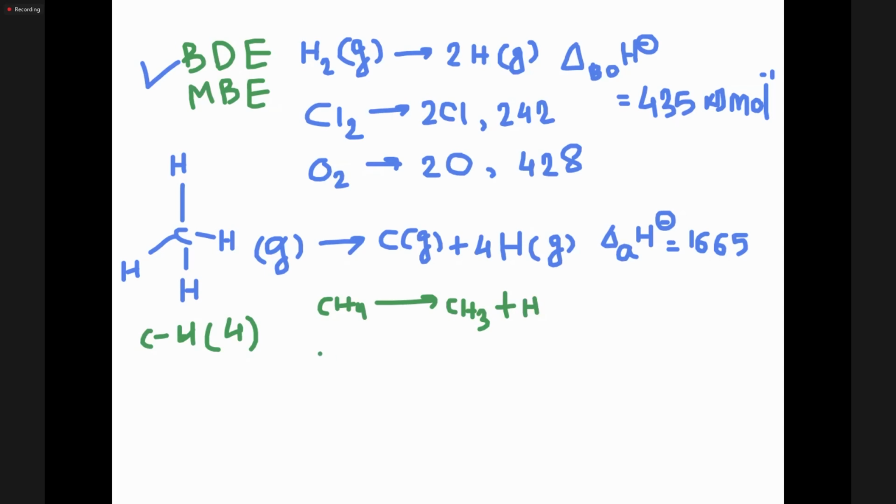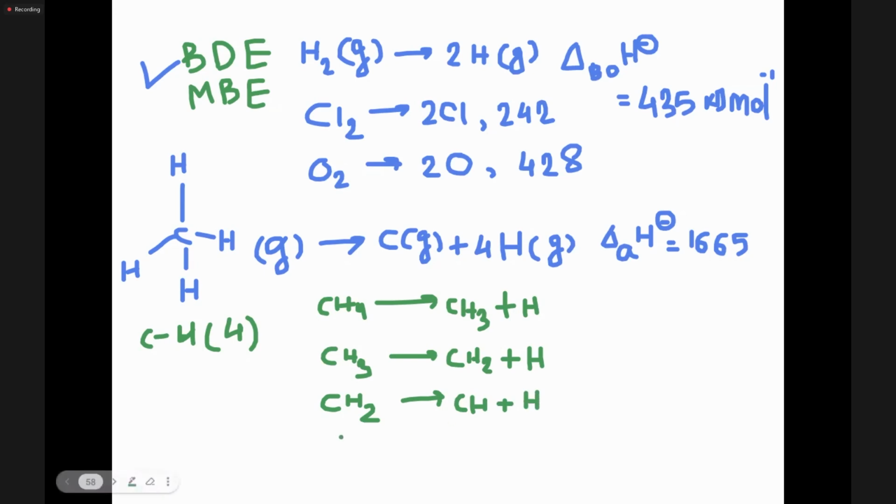So from CH4, we have CH3 plus H. From CH3, we have CH2 plus H. From CH2, we'll have CH plus H. And in the last step, we have C plus H from CH.